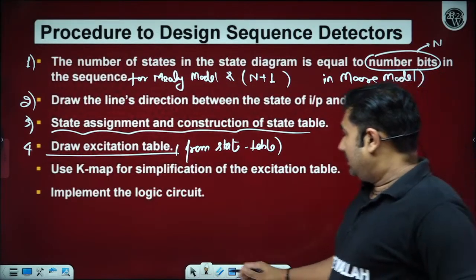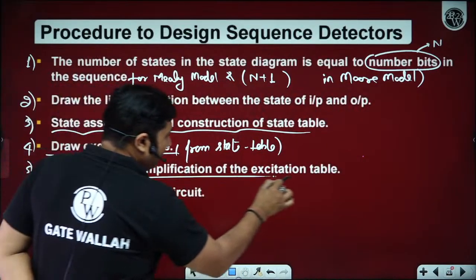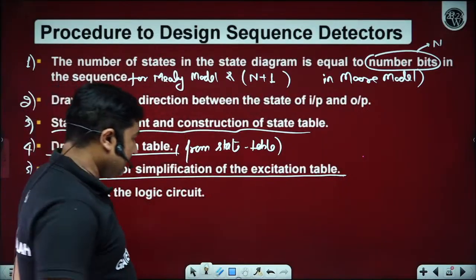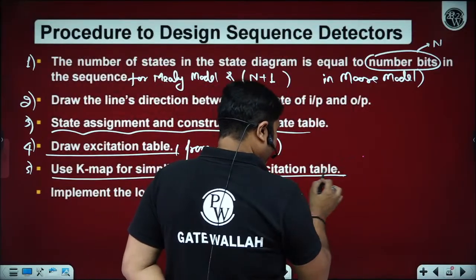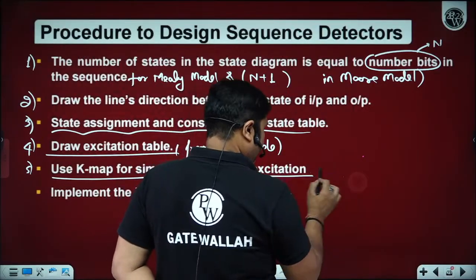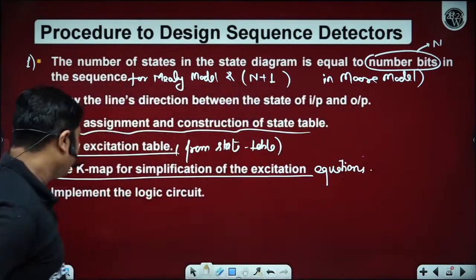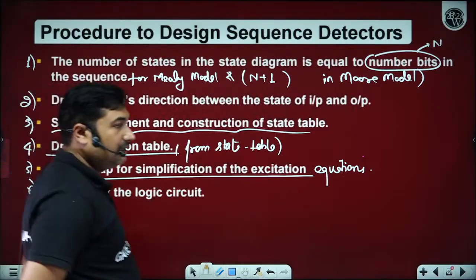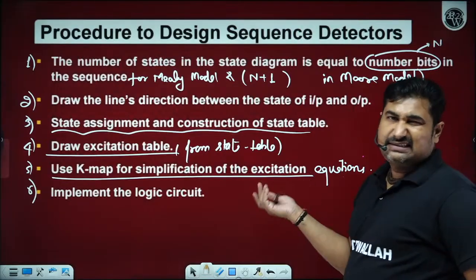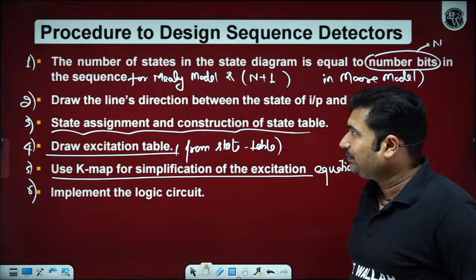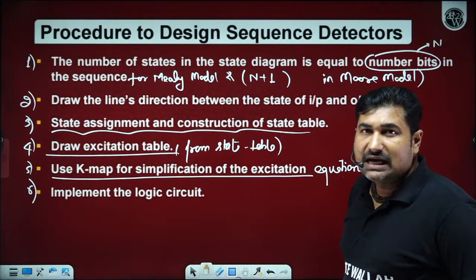Then step 5, use K-map for simplification of excitation equations. And sixth, implement the logic circuit. So we only have to follow these steps, and the sixth step is only the implementation of the circuit. Let's try to understand all these steps once again, and we will see how we can design any desired sequence detector.